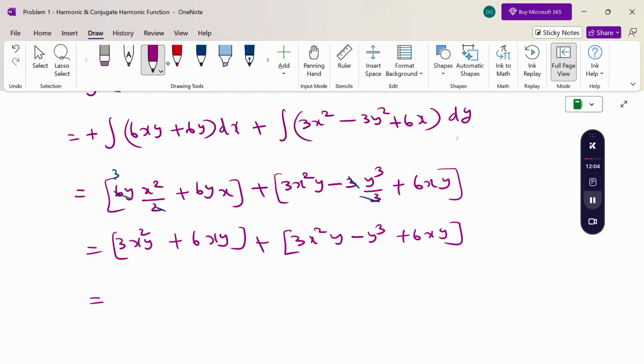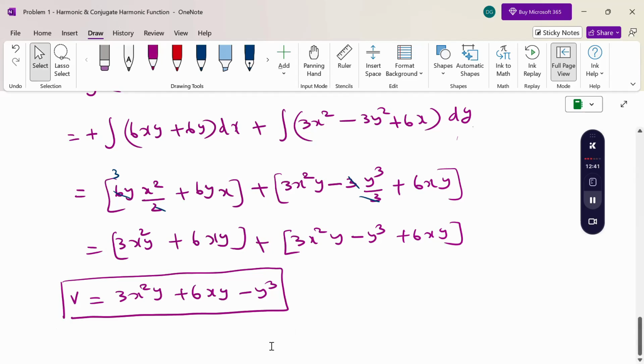For this term, 3x square y plus 6xy, please don't add the repeated terms; repeated terms are ignored. The repeated term is 3x square y, 3x square y, so only write it one time. Then minus y cube, and ignore 6xy, already written here. So this is the v term.